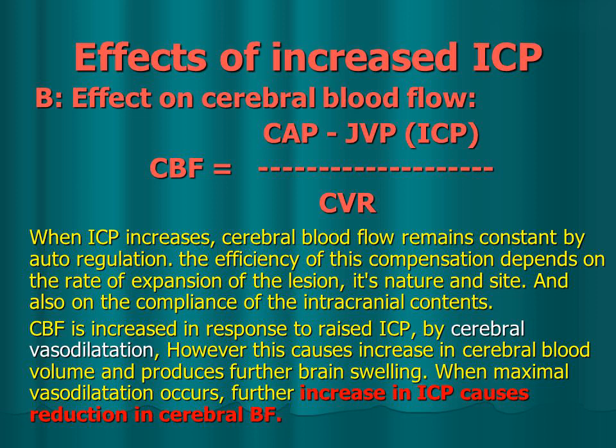The efficiency of this compensation depends on the rate of expansion of the lesion, its nature and site, and also on the compliance of the intracranial contents. CBF is maintained in response to raised ICP by cerebral vasodilatation, however this causes an increase in cerebral blood volume and produces further brain swelling. When maximal vasodilatation occurs, further increase in ICP causes reduction in cerebral BF.